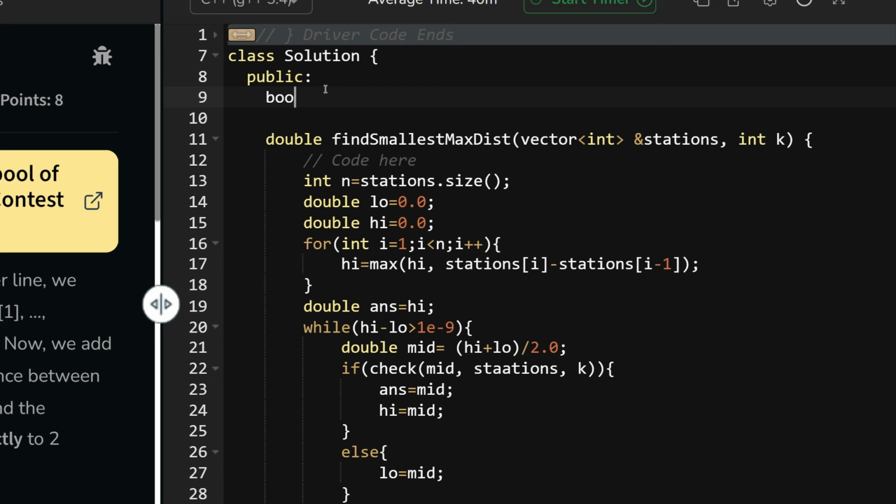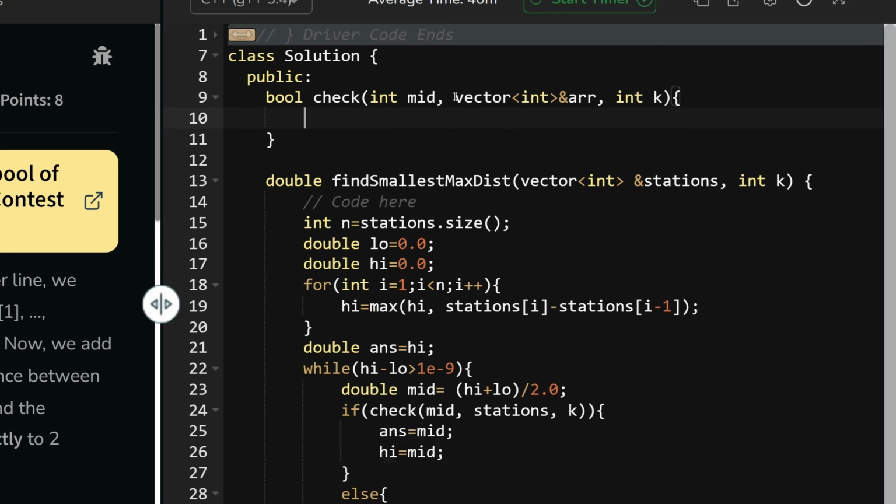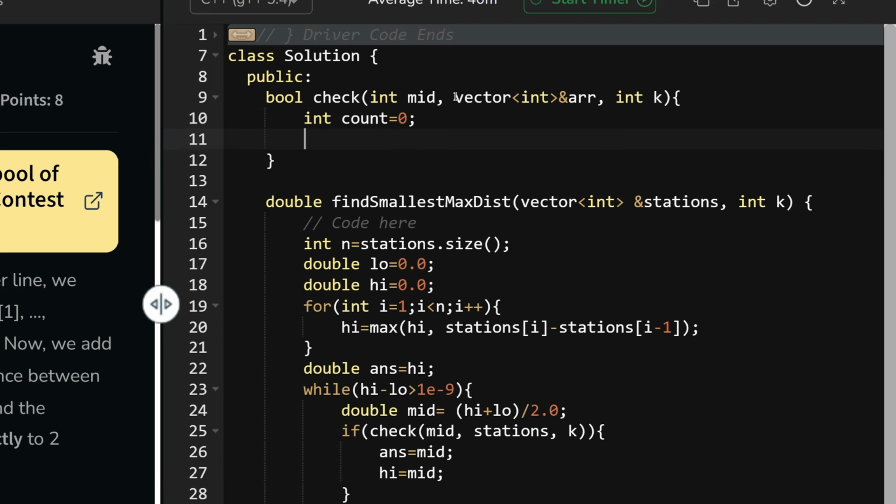So the check function is actually returning a bool value. So bool check, taking a mid value, double mid, taking stations, a vector of int, and I'm naming it arr for better writing, right? Int k remains the same. Moving forward, I will say int count equals 0 currently. Now for int i equals 1, I will go up till the last element, that is n minus 1, i plus plus.